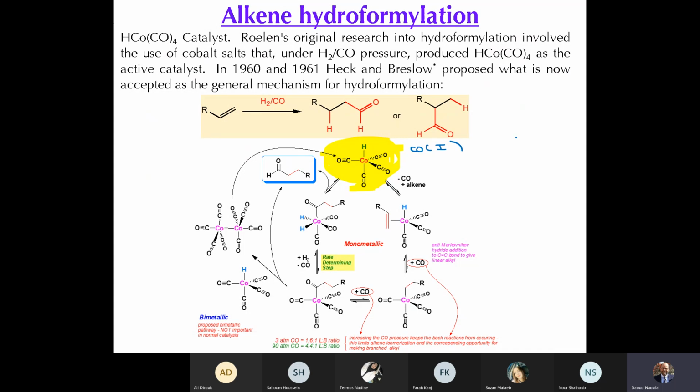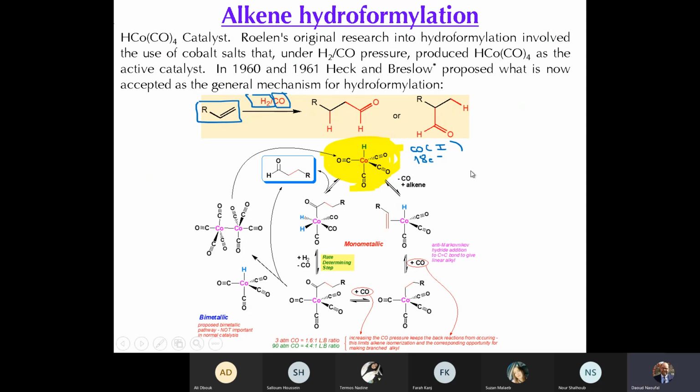The cobalt is d9, so this is d8: 2, 4, 6, 8, 10. So this is an 18-electron complex. We have three ligands to be added: the alkene, the hydrogen, and the CO.